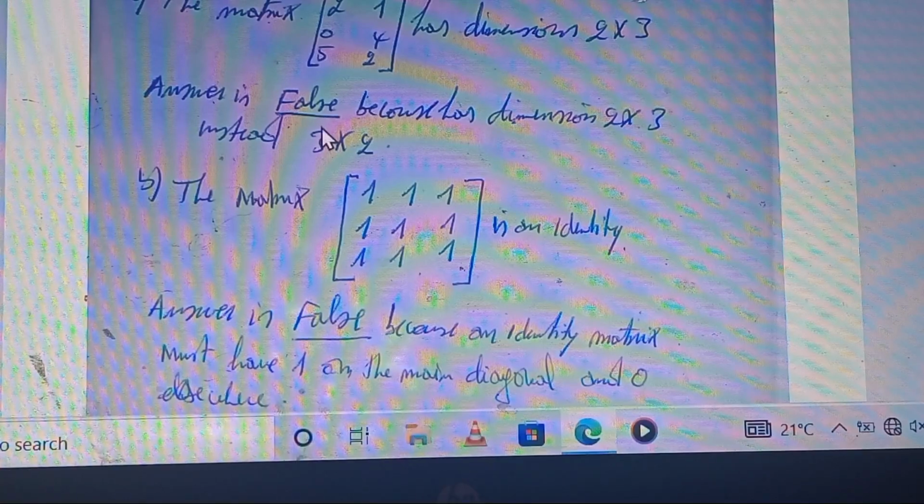The answer here is false because the dimension is 3 times 2, meaning the number of columns is 3 and the number of rows is 2. That's the reason why it is false.